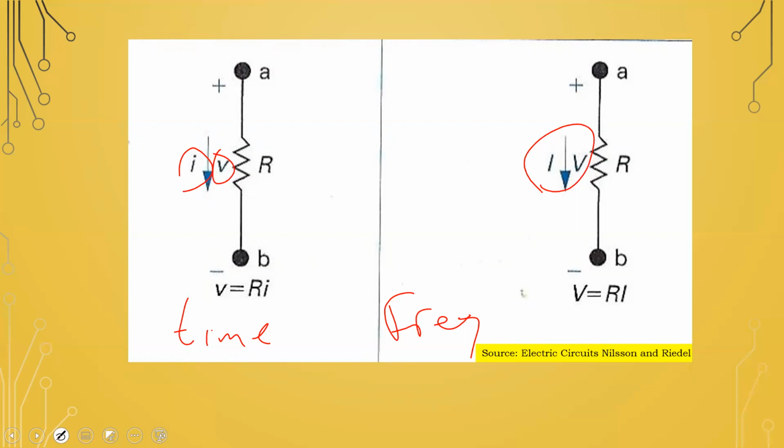So in terms of your resistance, it's the same in both the time and frequency domains. When we are transitioning our circuit from time to frequency, the resistor remains the same. That's what we're really saying here.